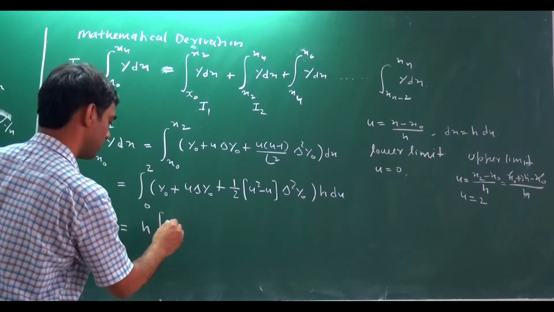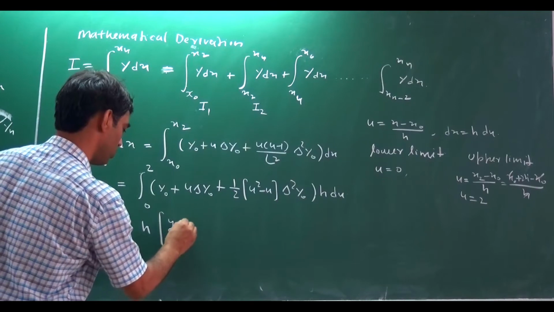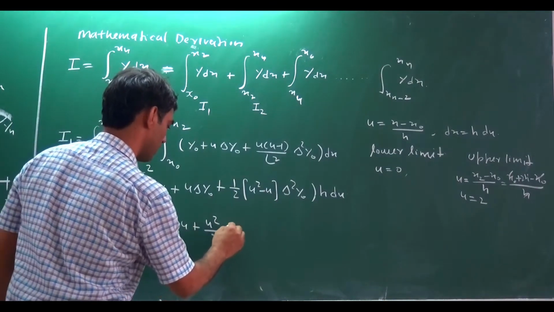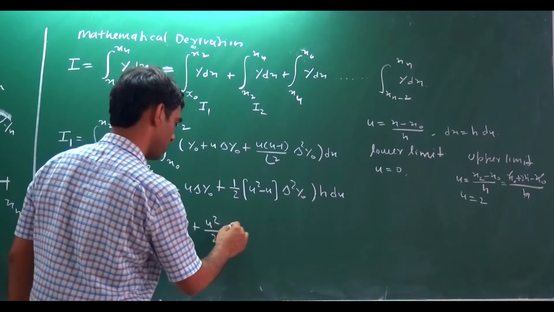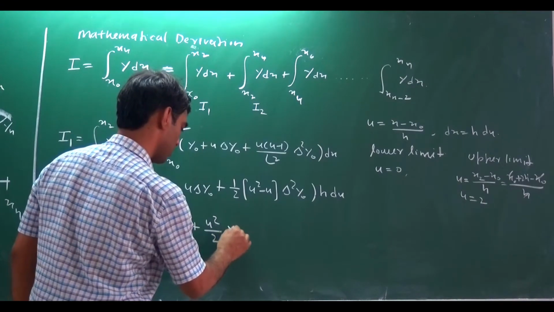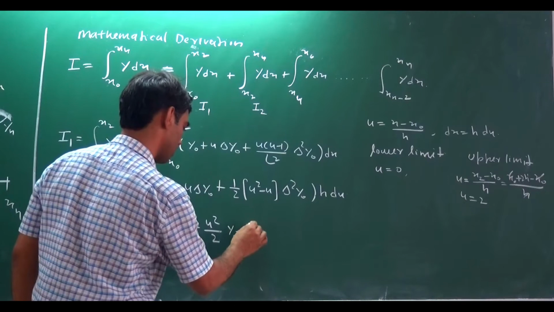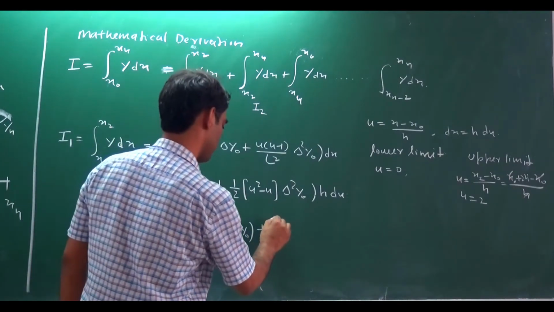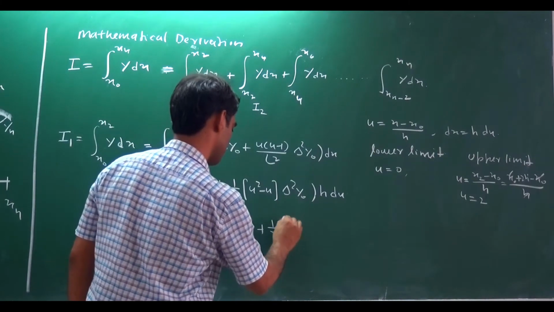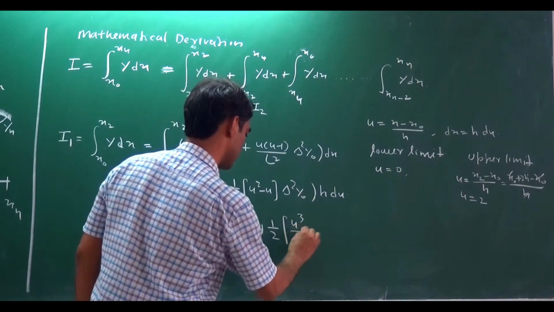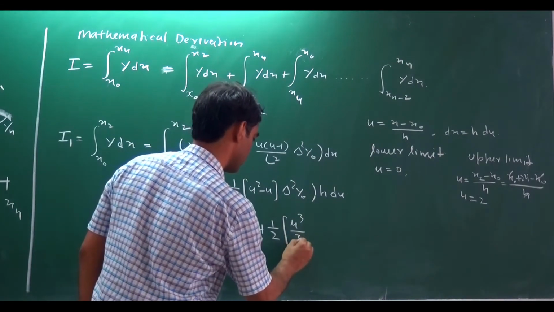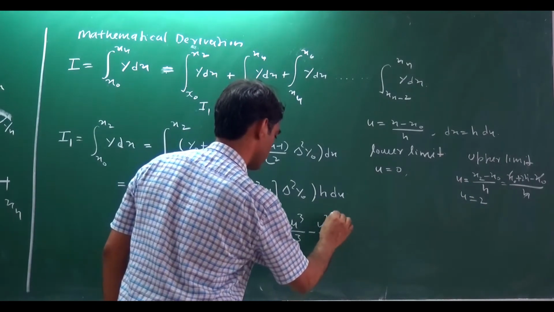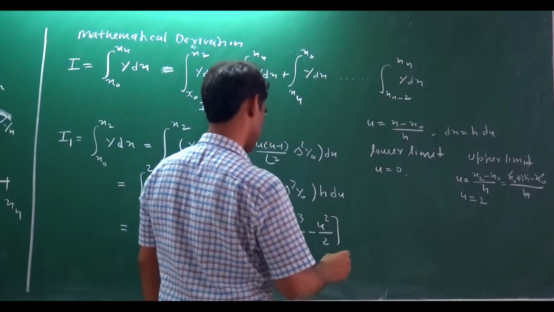What is the integration of this? y0 u plus u square upon 2 del y0, where del y0 is y1 minus y0, plus 1 by 2 times u cube upon 3 minus u square upon 2 del 2y0.